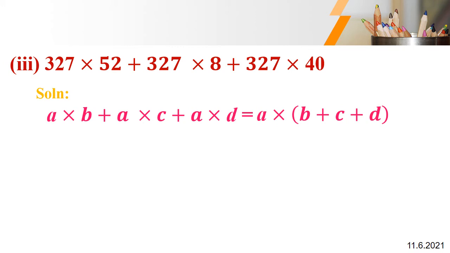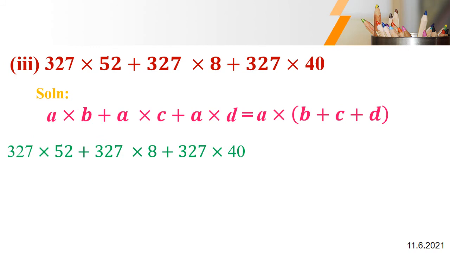So let's write 327 into 52 plus 327 into 8 plus 327 into 40 equal to, here A value is 327, B value is 52, C value is 8, D value is 40.